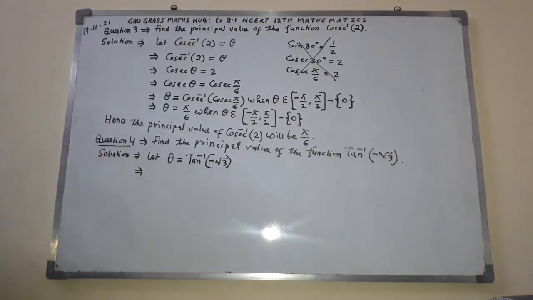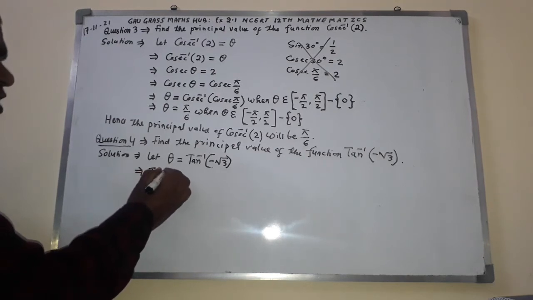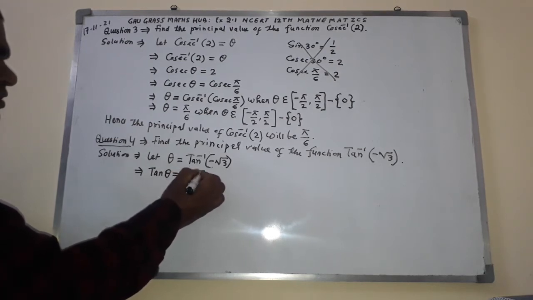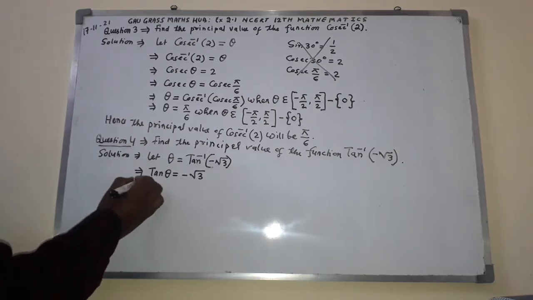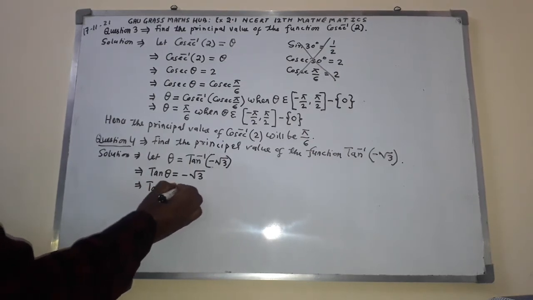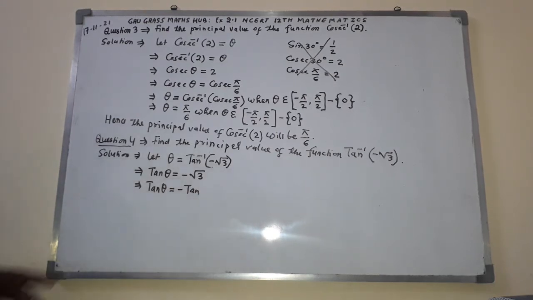This can be written as tan theta equal to minus under root 3. Again, tan theta equal to minus tan 60 degree, where tan 60 degree equal to under root 3.